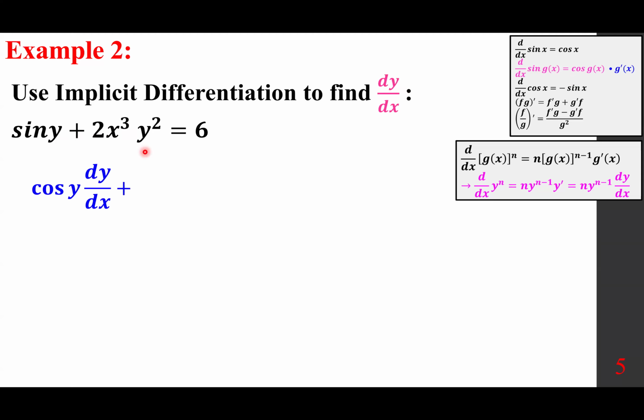The second piece is the product of 2x cubed and y squared. We put a raised dot in between. We write it as f times g. And we use the product rule, f prime g plus g prime f.